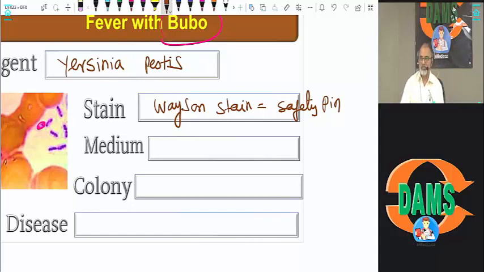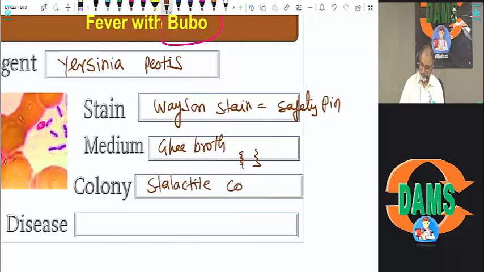Ghee broth. We are using ghee broth. In the ghee broth, it grows along the walls of the broth. We call it a stalactite colony. It produces stalactite growth in ghee broth.